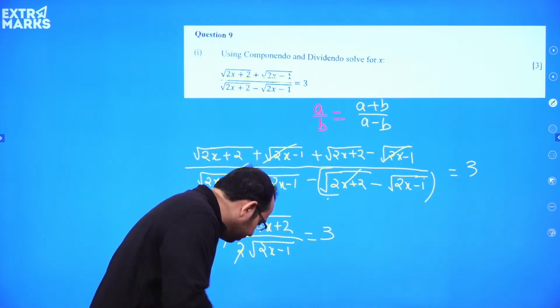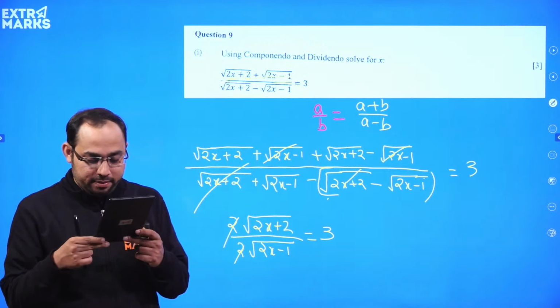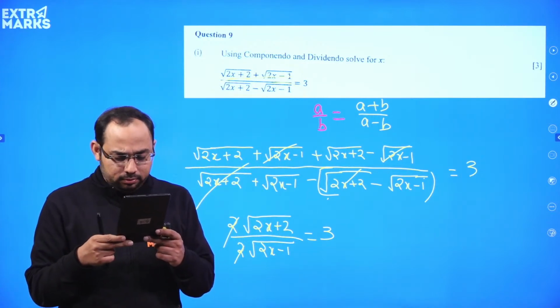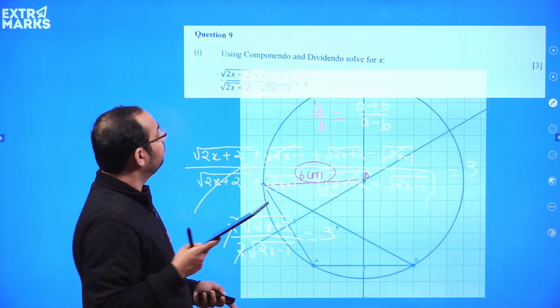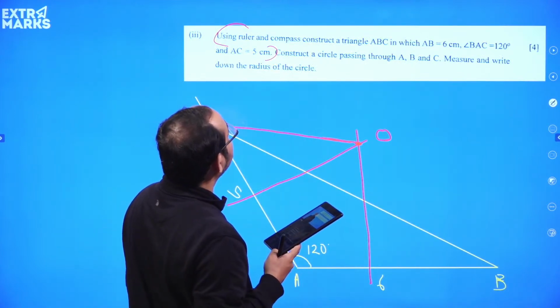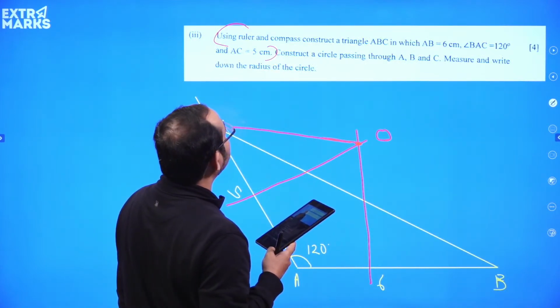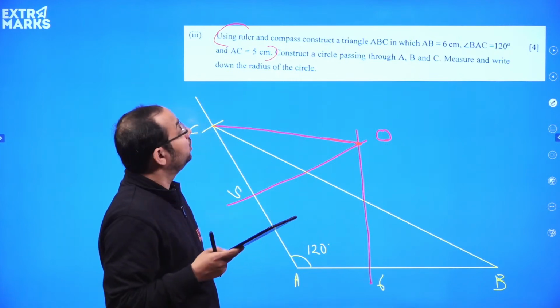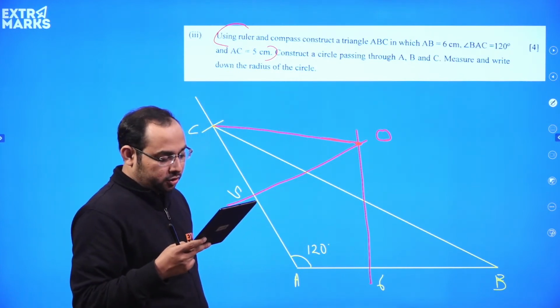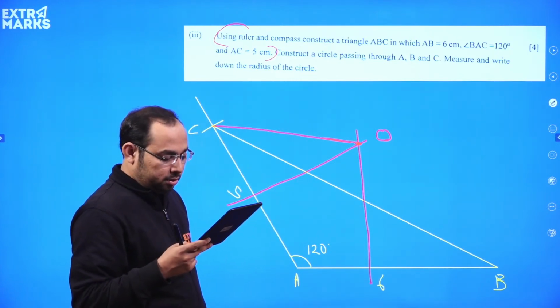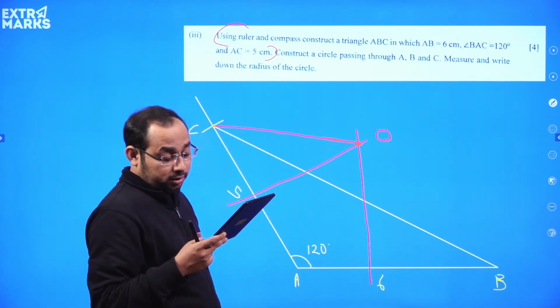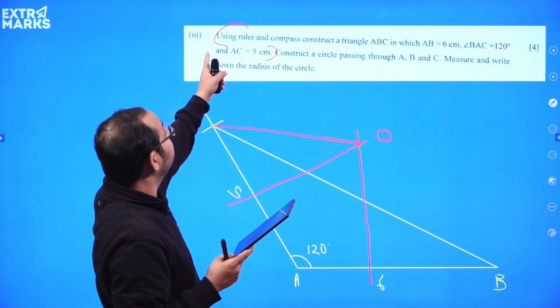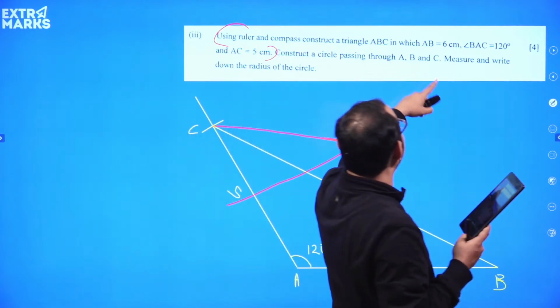Sir, maybe one. Zero marks, beta. No marks will be cut for steps of construction, because it was not asked in the question. See the question: using ruler and compass, construct this.